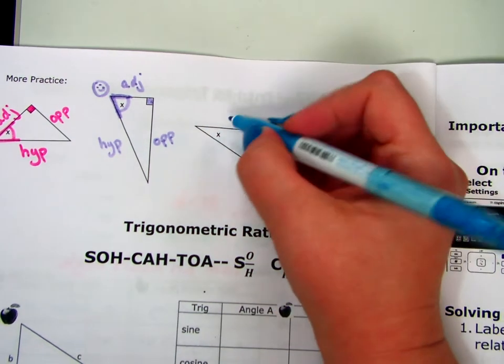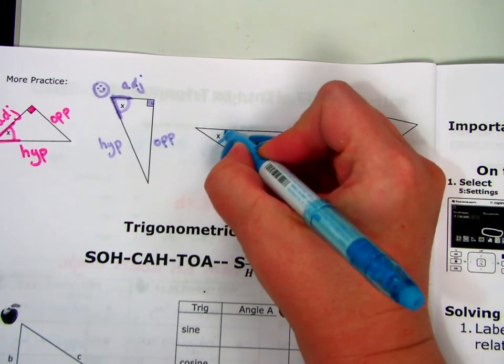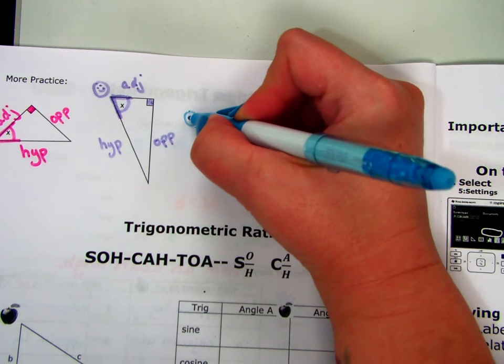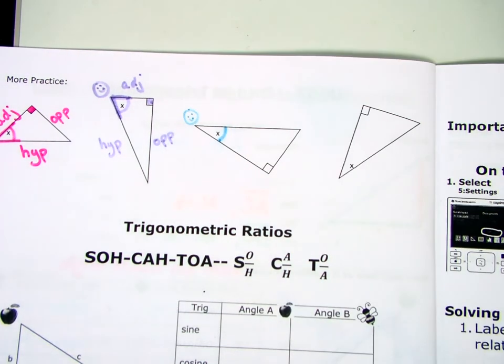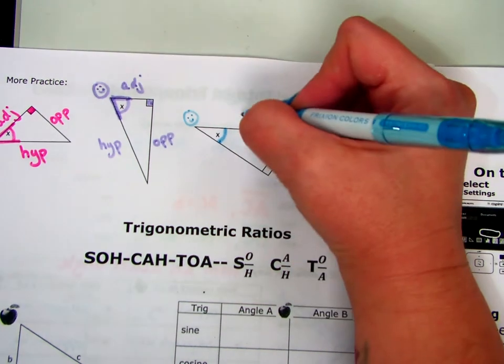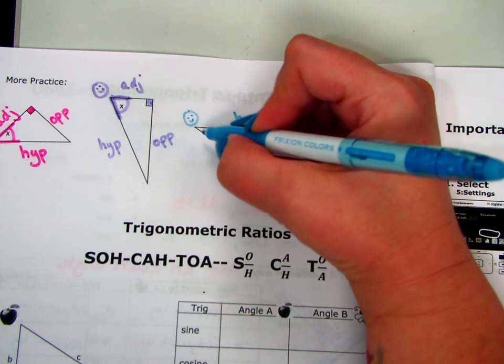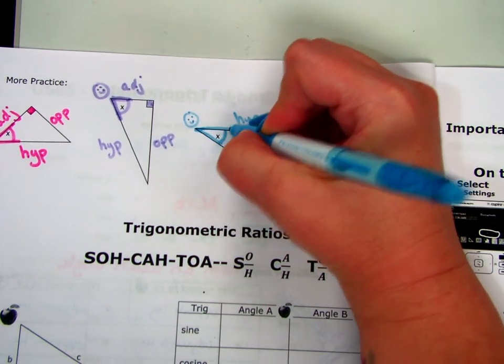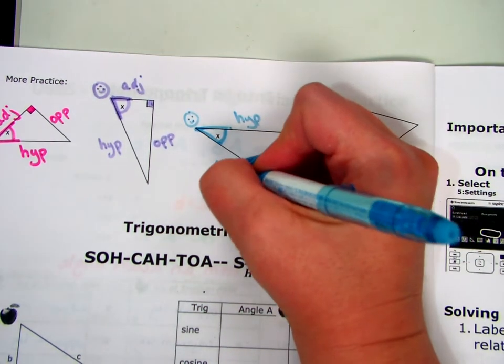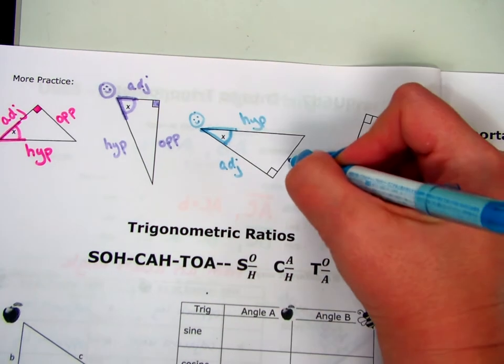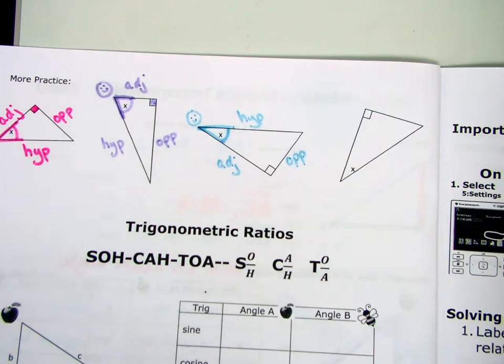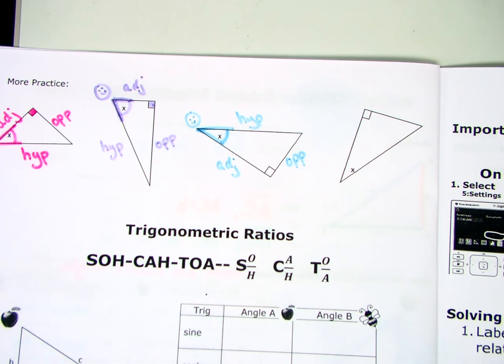Two more. Again, being able to label these triangles is the most important part of this unit. If you can label them correctly, that's like half the battle of the problem. Where's my hypotenuse on this one? The top, the left, or the right? The top. Where's the adjacent side? On the left. Which means across all the way is the opposite.